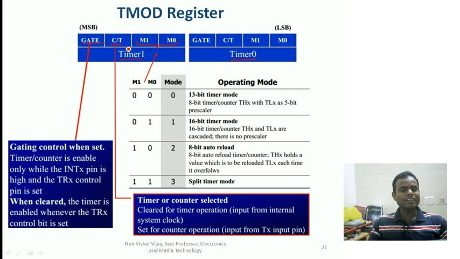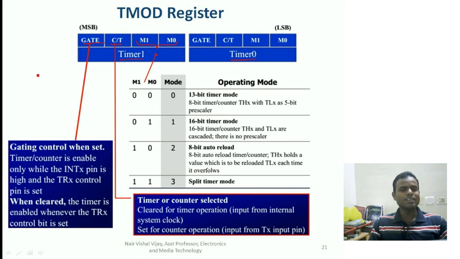GATE is the first bit that we see in this register TMOD. If the GATE bit is set, the timer is triggered by a hardware signal. If the GATE bit is 0, your timer is triggered only by a software signal. That's a basic understanding of what GATE is.